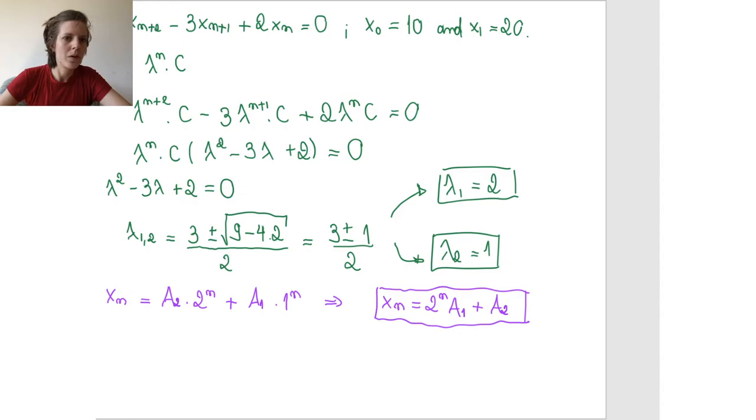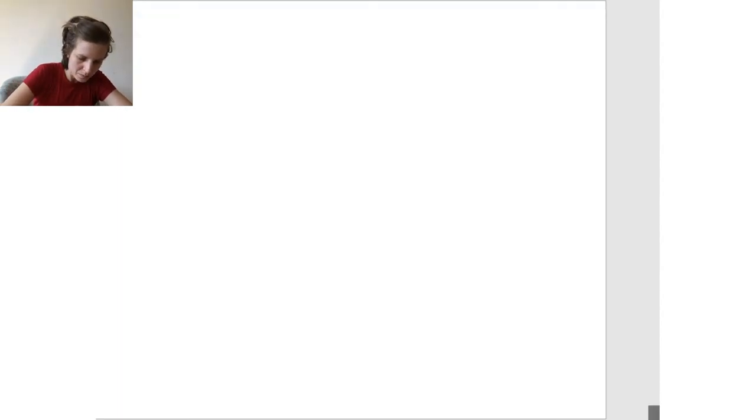So x_n is equal to a2 times 2 to the power of n plus a1, and we know that x0 equal 10.